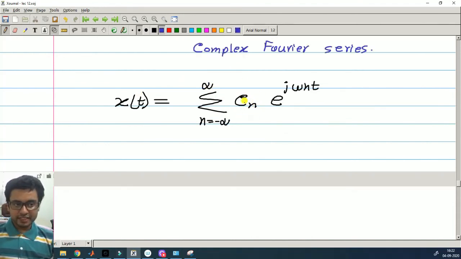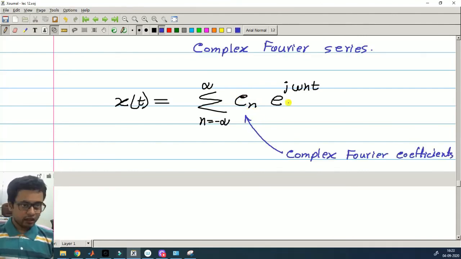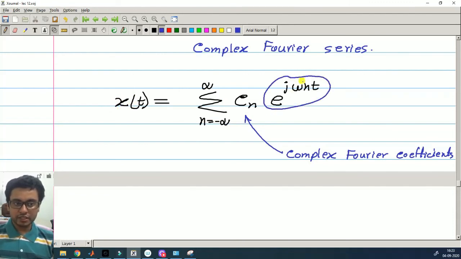These coefficients are called complex Fourier coefficients. These exponential signals are the building blocks or ingredients that make up this periodic signal x(t). These are called the harmonics or complex harmonics. The exponent here is called frequency.